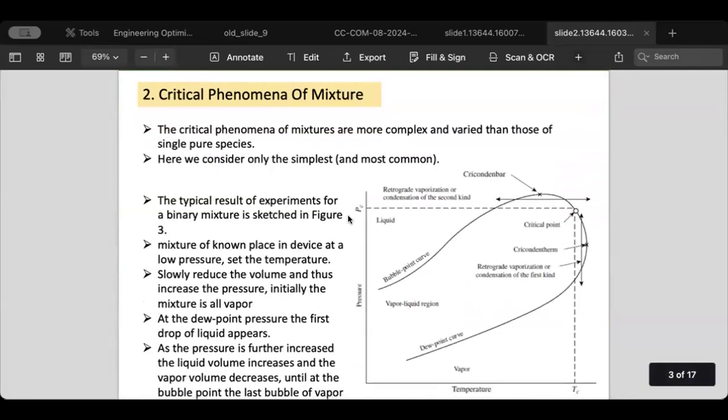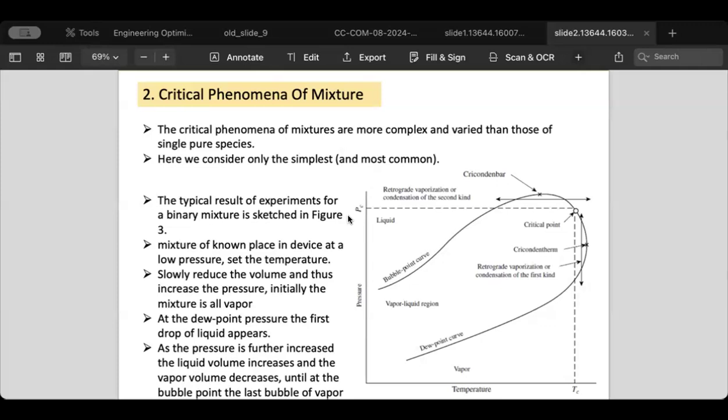So now we move to mixture. Let's say a binary mixture. We have the dew point curve below, and above it we have the bubble point curve, right? And in between, we have the vapor liquid region, our VLE.